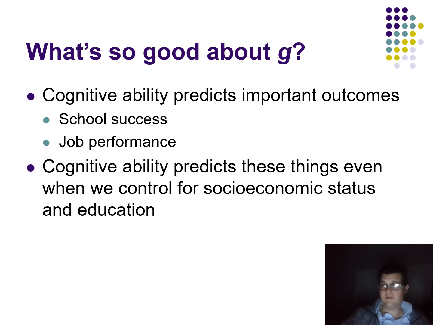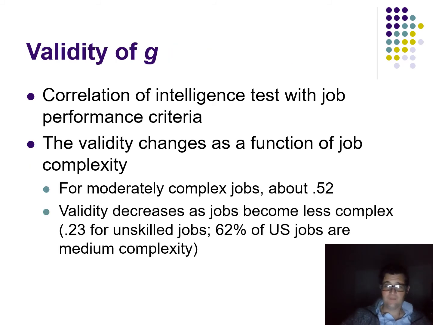Because if you have a complex job, and you hire someone pretty smart to do it, they're probably going to do an okay job. And in general, when we talk about the validity of little g, all we're really talking about is the correlation of the intelligence or cognitive ability test with job performance measures or job performance criteria, and the validity changes as a function of the job complexity.